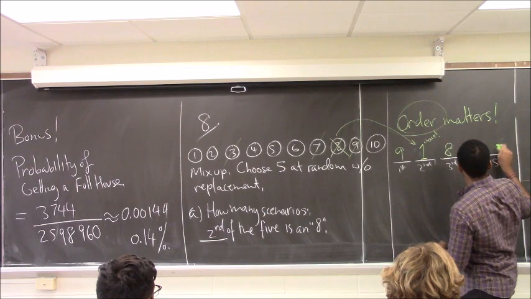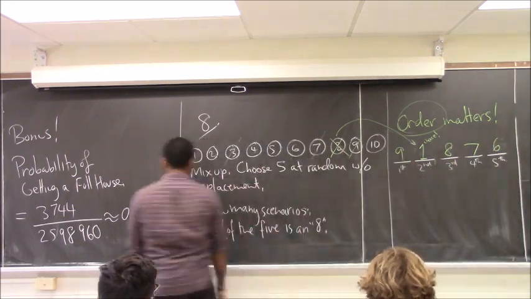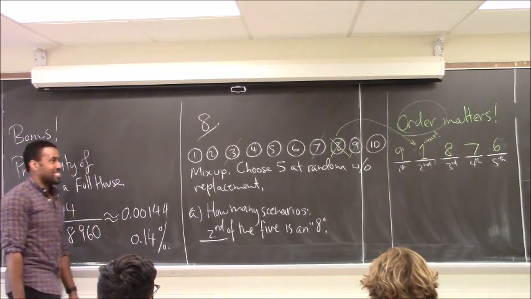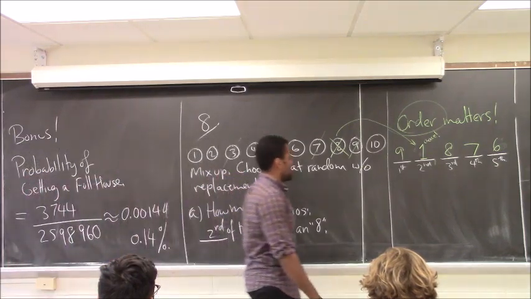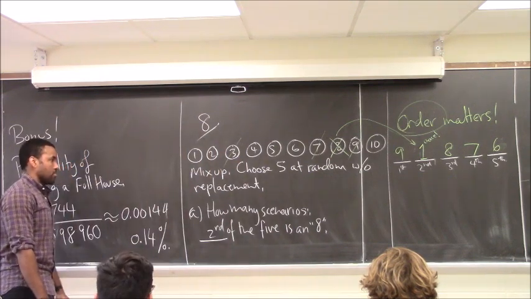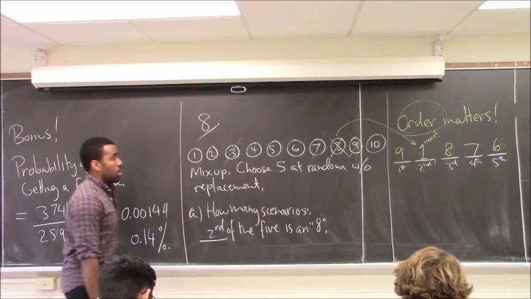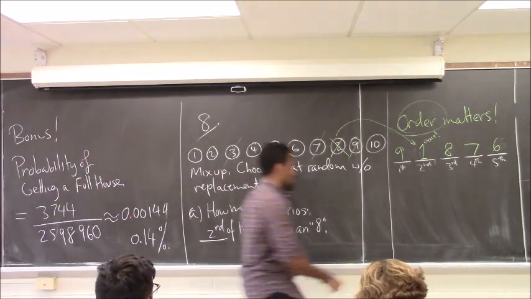Why did I go, is he crossed off? Cross off. Yeah, that's how it happens. So now we just apply the multiplication rule.